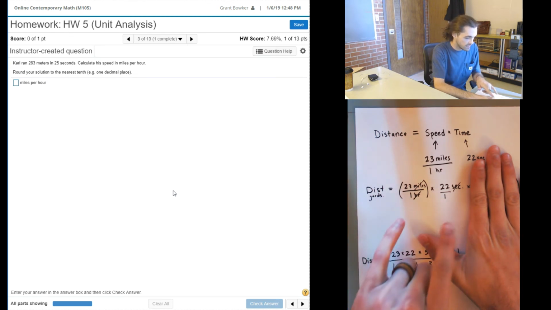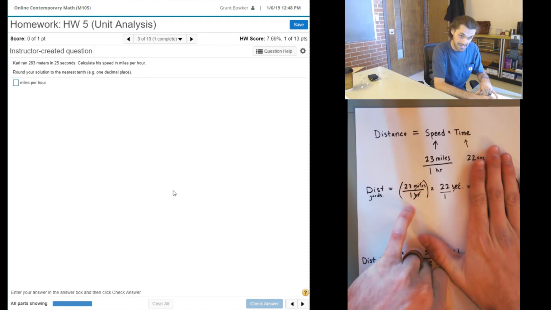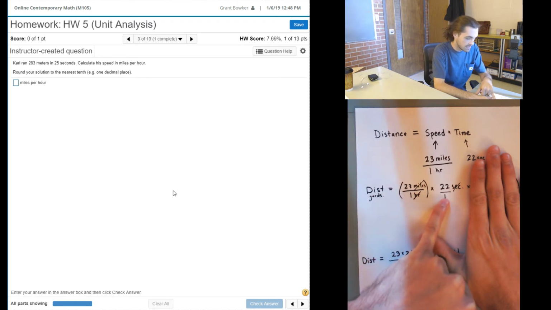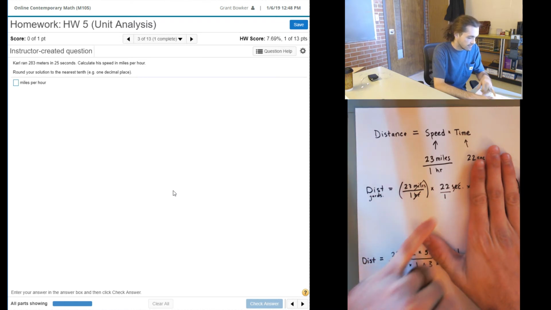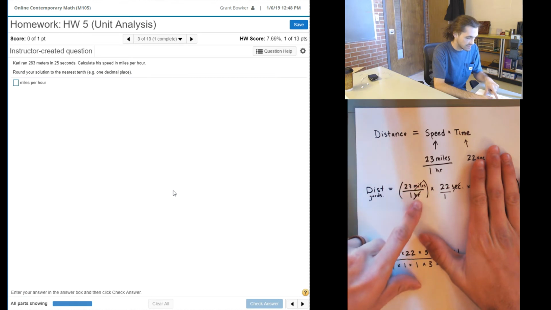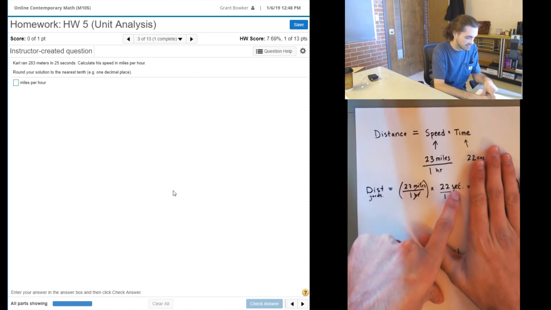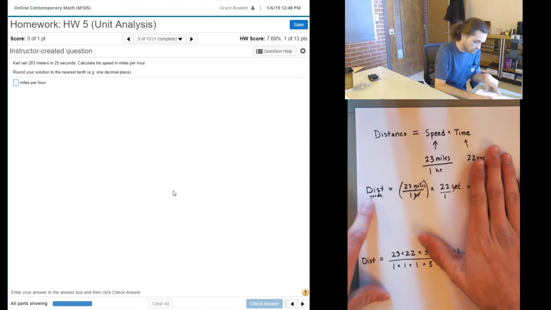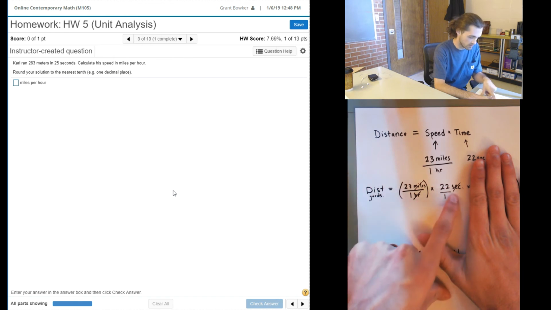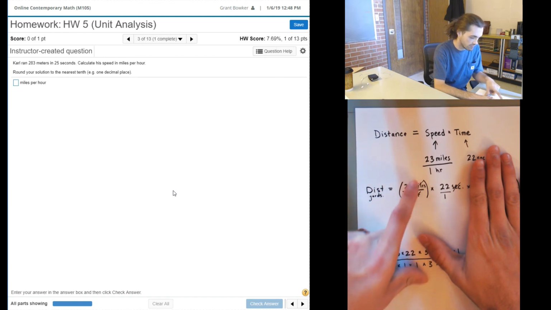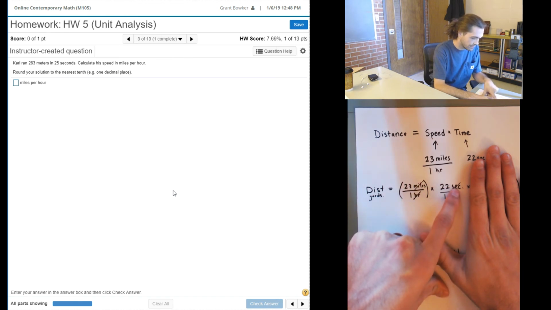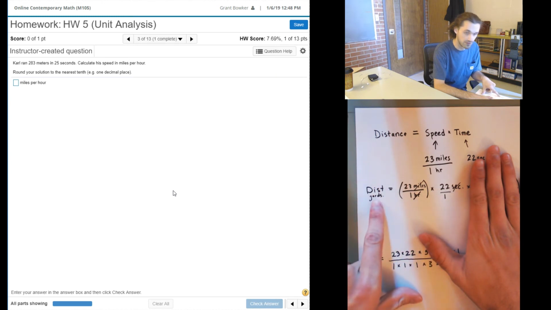Now, once you have the speed inserted as a fraction and your time inserted, it's a matter of inspecting the units and asking yourself which units need to go away, which units need to stay, if any. We want yards out. There are no yards over here listed, so all three of these units need to go away. And in the process, we need to introduce the unit of yards.